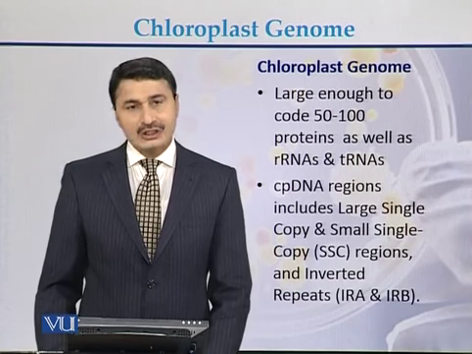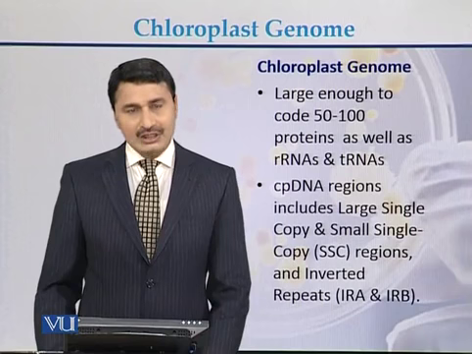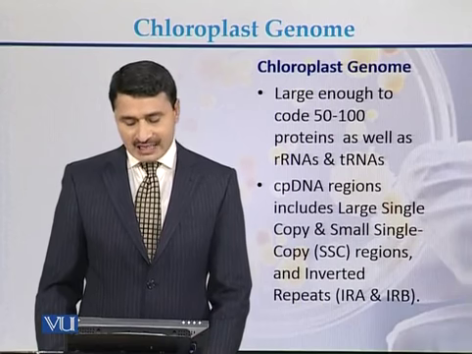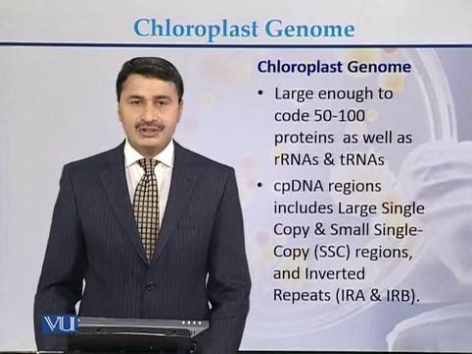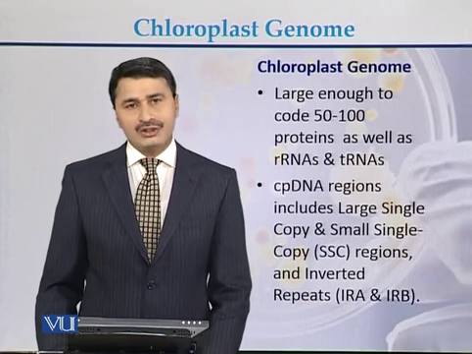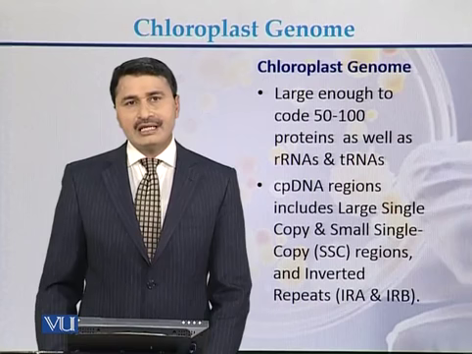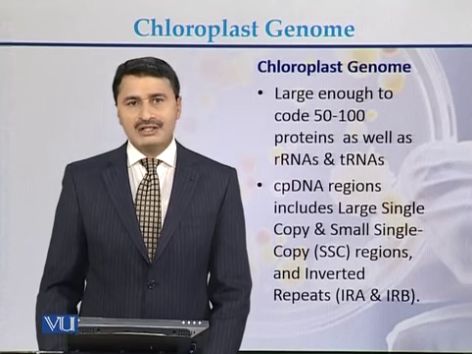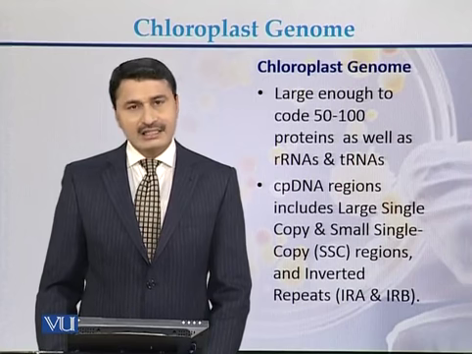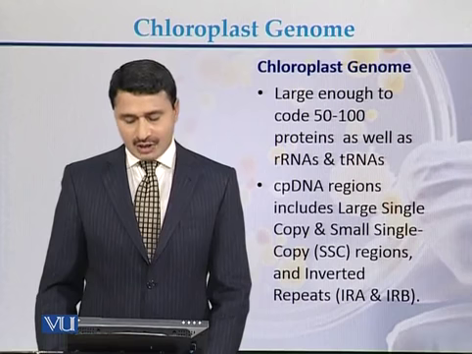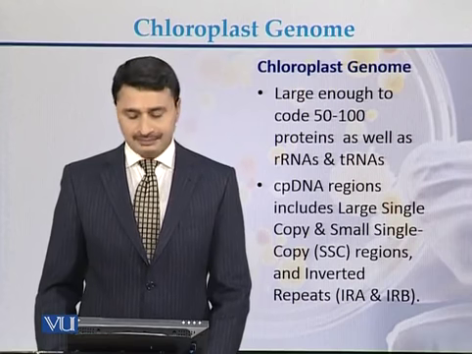Chloroplast DNA regions include large single copy regions, small single copy regions, as well as inverted repeats. In the case of chloroplast genome, we usually see that there are three major parts. Those parts are called large single copy region, small single copy region, and inverted repeats.